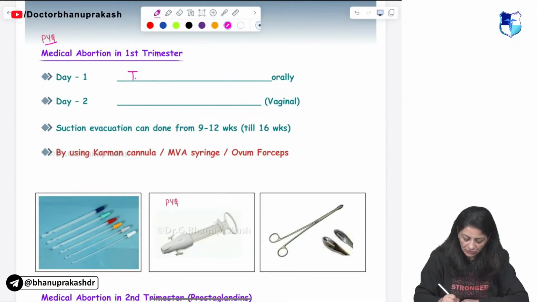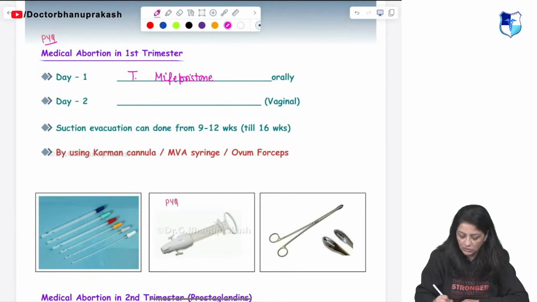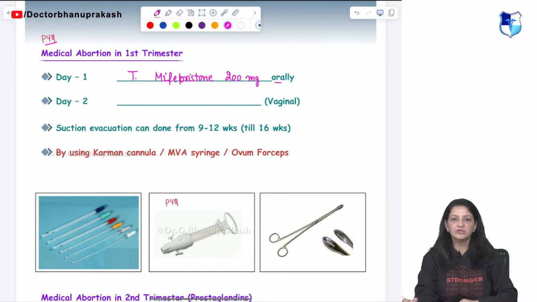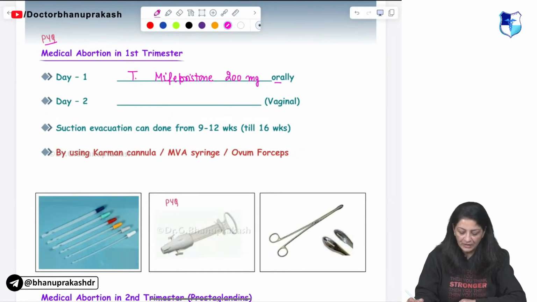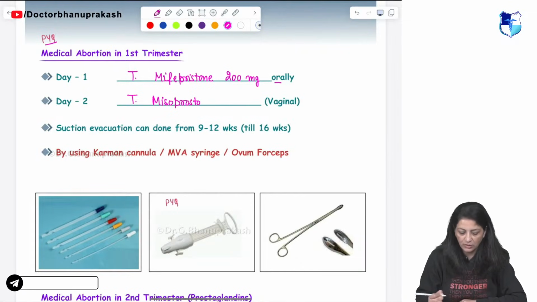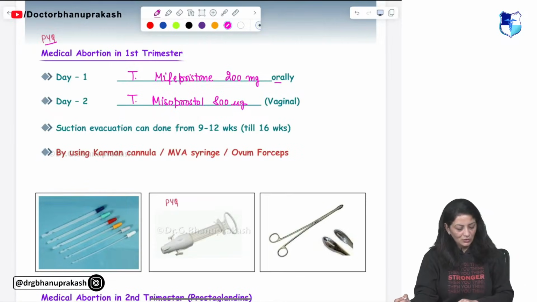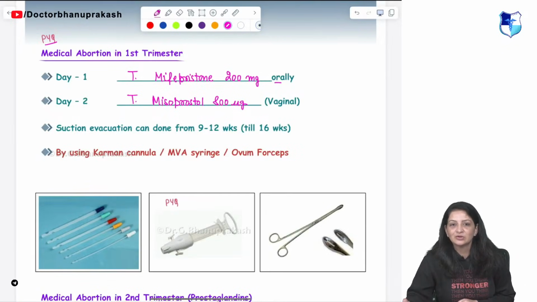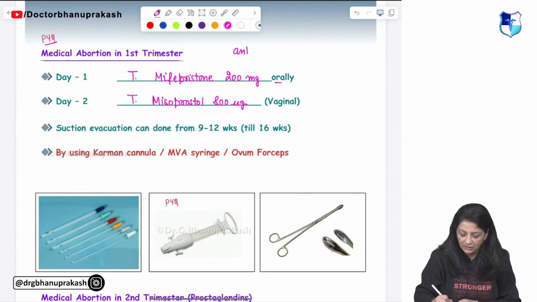Tablet mifepristone with the dose of 200 milligrams orally, and on day 2 tablet misoprostol 800 microgram vaginally. What is the action of mifepristone? Mifepristone is an anti-progestin drug.